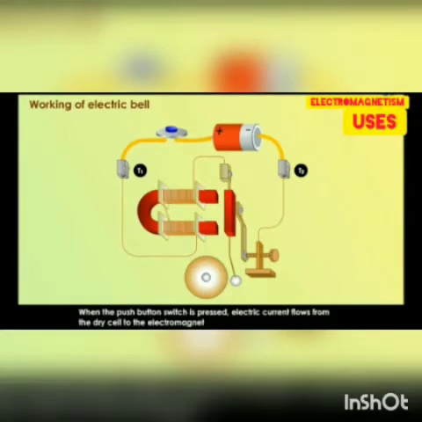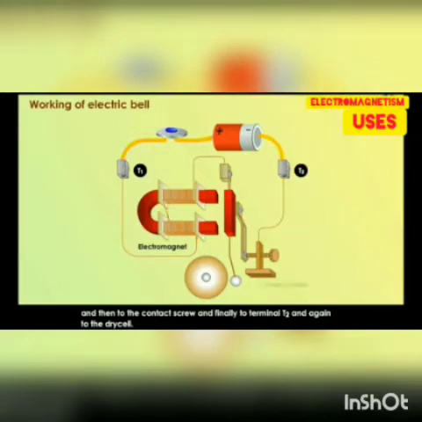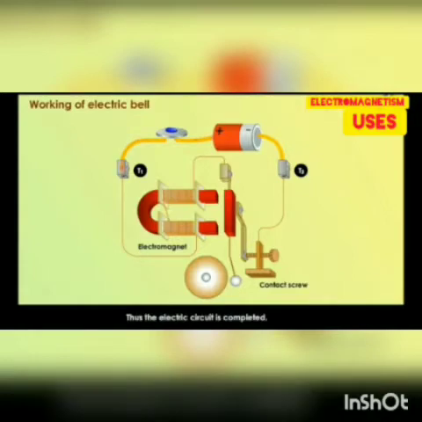When the push button switch is pressed, electric current flows from the dry cell to the electromagnet, and then to the contact screw, and finally to terminal T2, and again to the dry cell. Thus the electric circuit is completed.